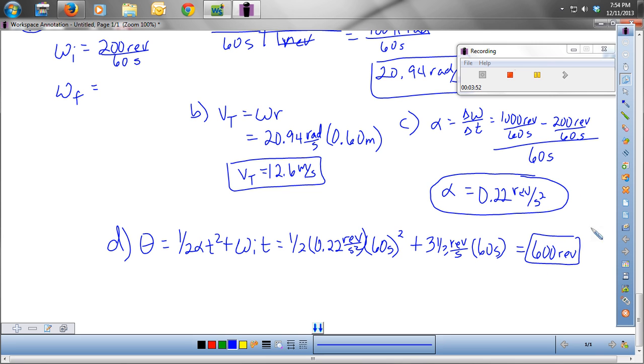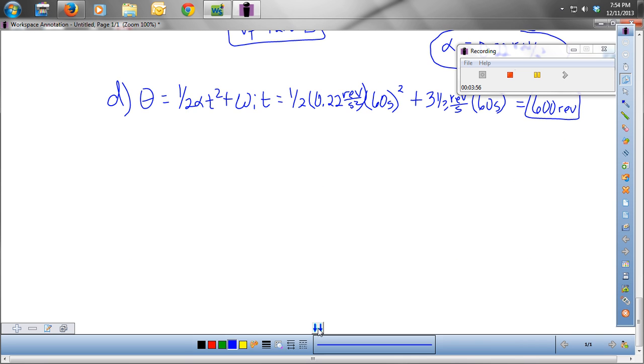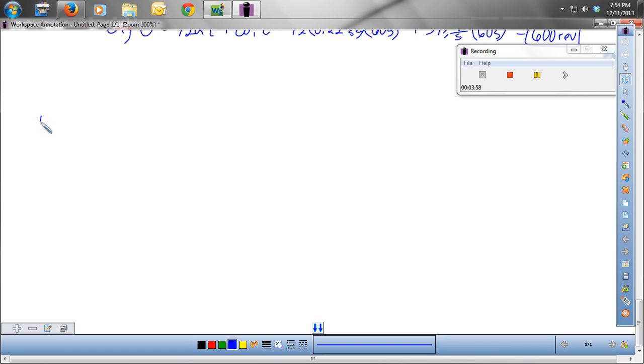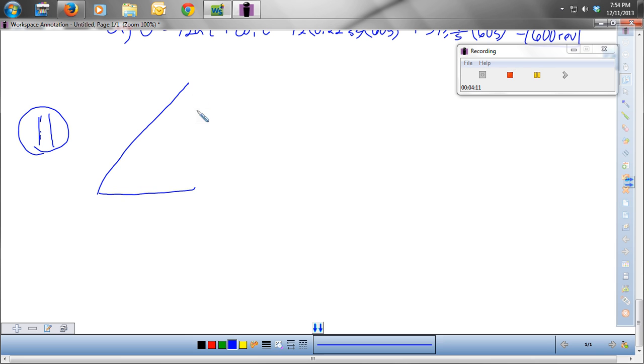Okay, let's move on to number 11. Number 11 has a man standing on a bar for some odd reason. Okay, so here's what I know. This is like the wall. Boy, that's a sad looking diagram.